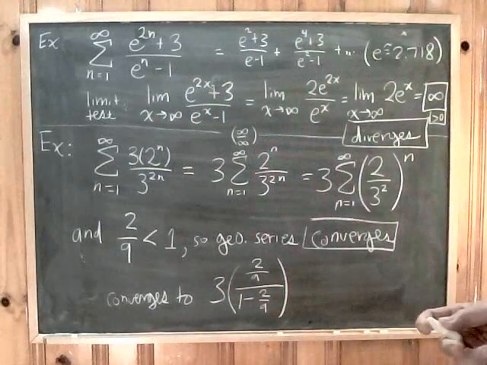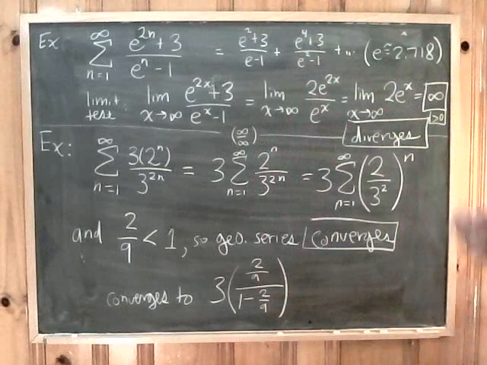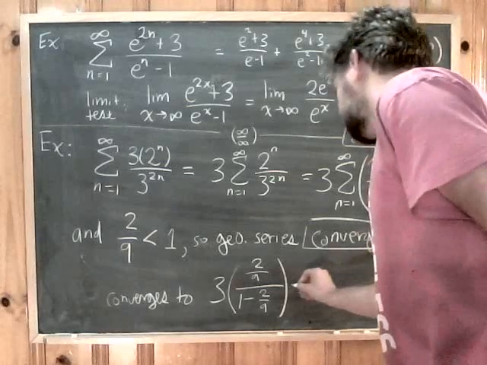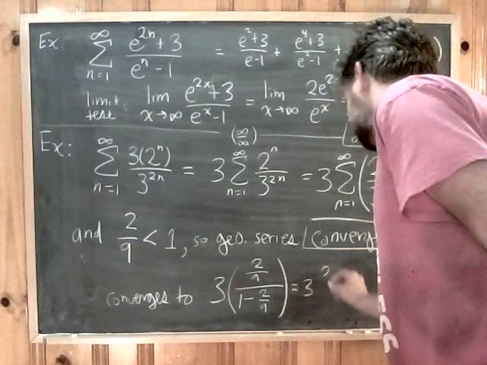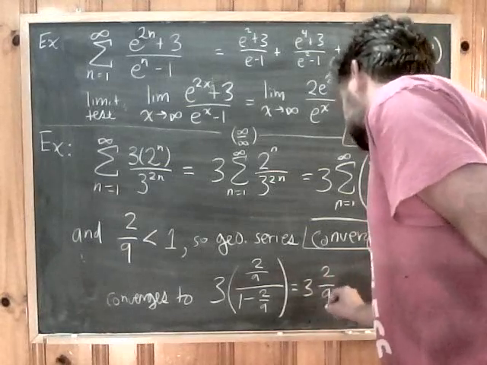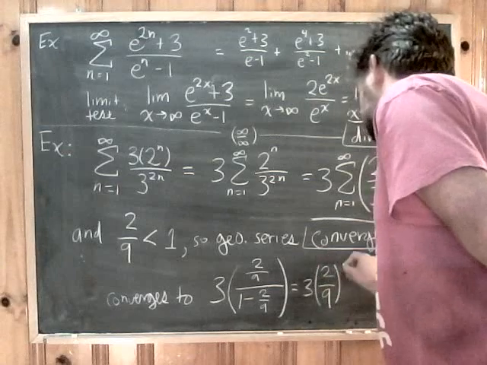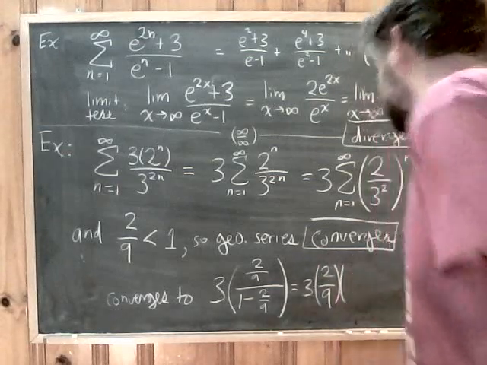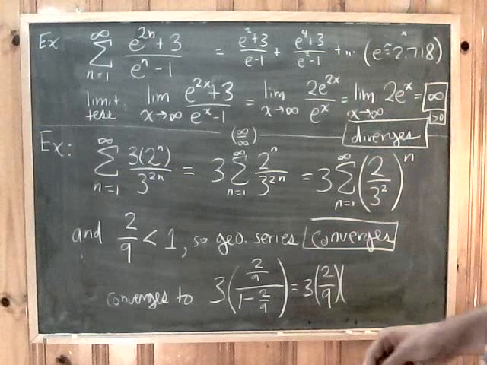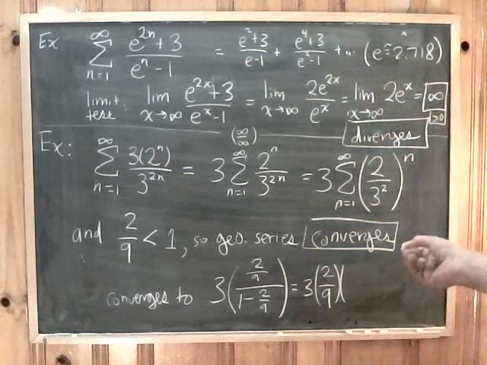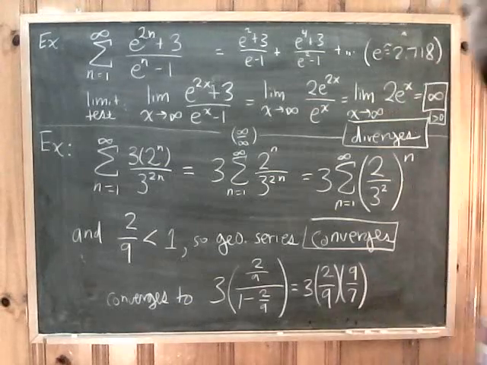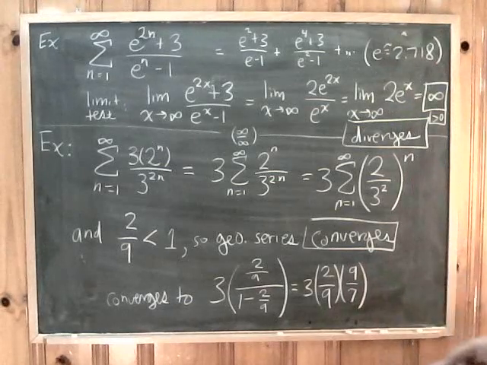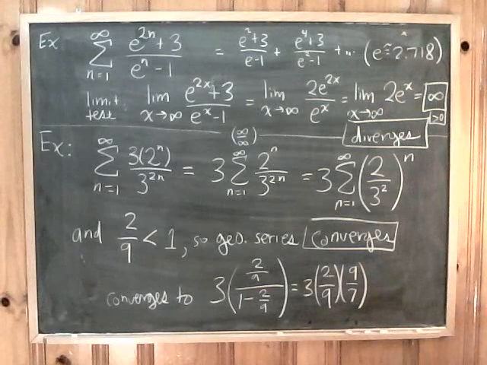I can simplify that, make that bottom fraction 7/9, because it will be 9/9 minus 2/9. So that'll be 3 times the 2/9, times the bottom, which is 7/9, but then when you want to reduce the complex fraction, it'll be 9/7. And then cancel the 9s, and you'll have 6/7.